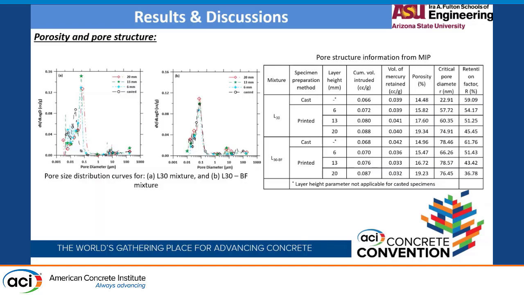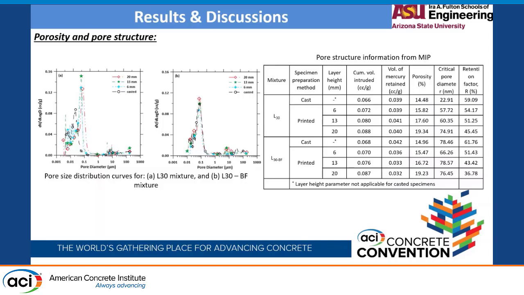So the retention factor is defined as the volume ratio of the volume extruded to the volume intruded by the sample, and it increased with the increasing pore diameter and volume intruded, while it is decreasing with the layer height. The significance of the retention factor is it represents the tortuosity of the structure.